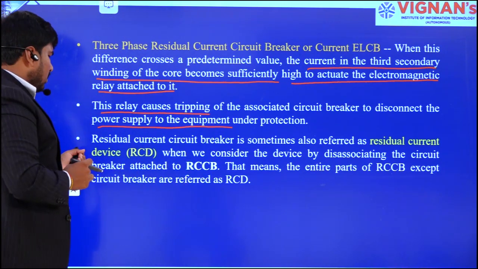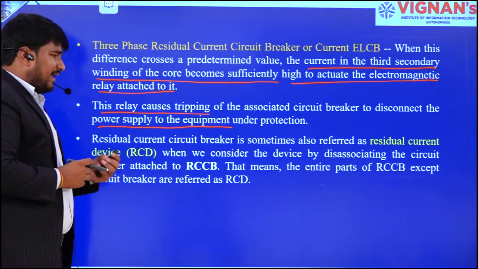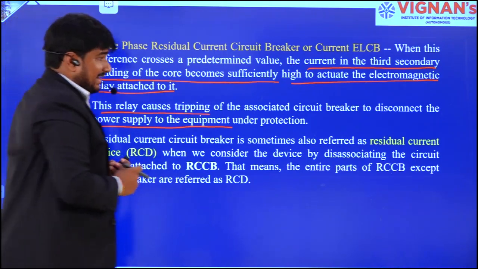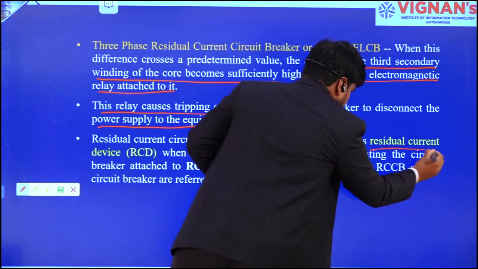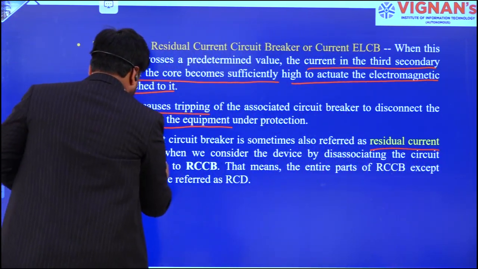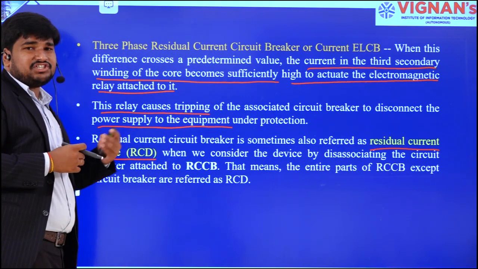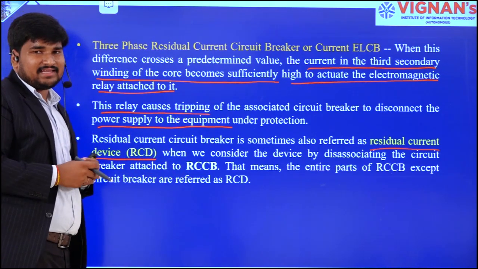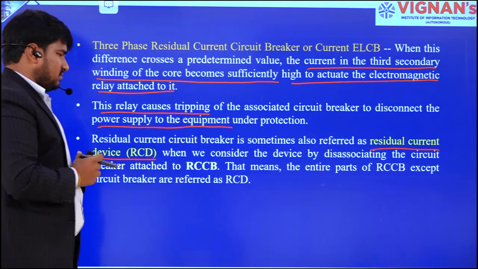Right. So the residual current circuit breaker is sometimes also referred to as a residual current device, which operates based on residual current only, right? So that is why we call it a residual current device.